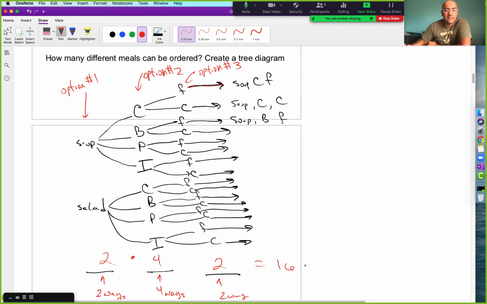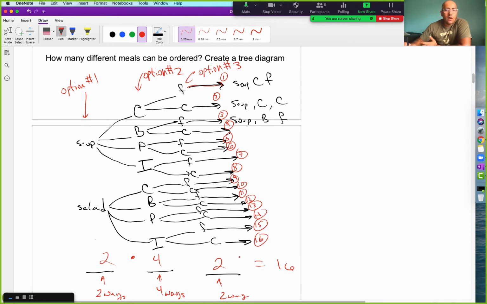Good. There are 16 total options, and if we count off these branches here, we'll see that there will be 16. There's 1, 2, 3, 4, 5, 6, 7, 8, 9, 10, 11, 12, 13, 14, 15, 16.